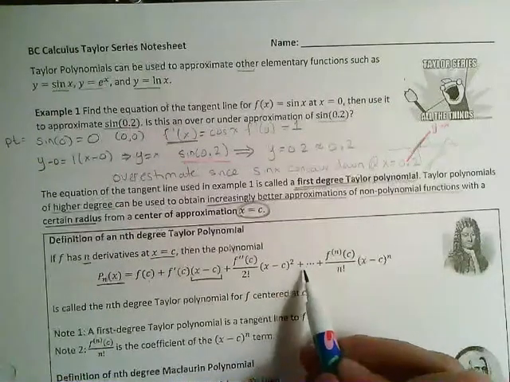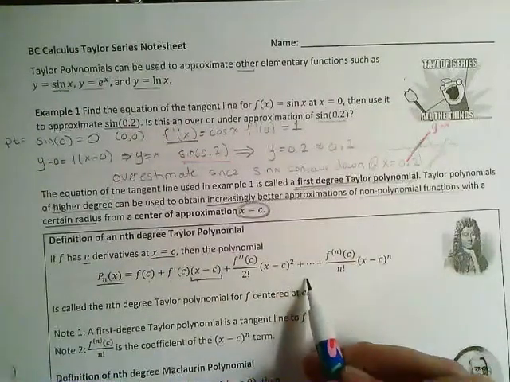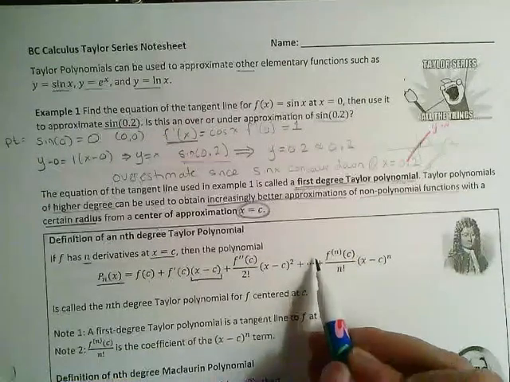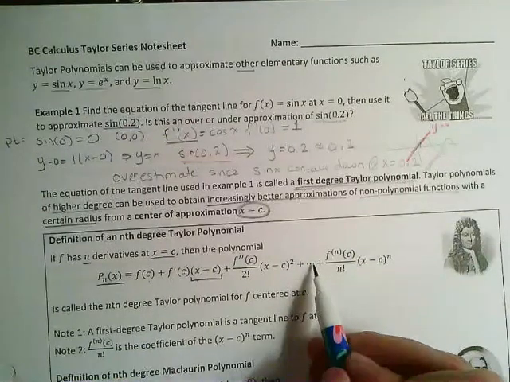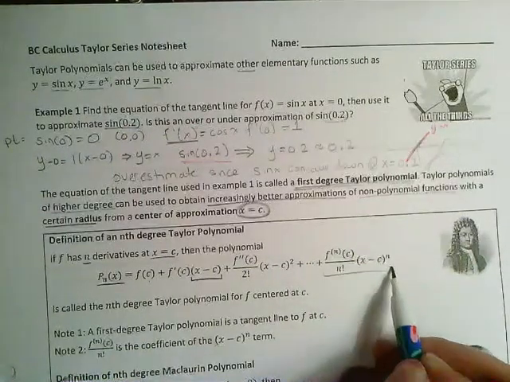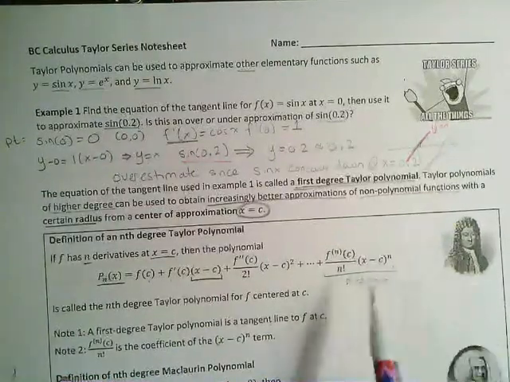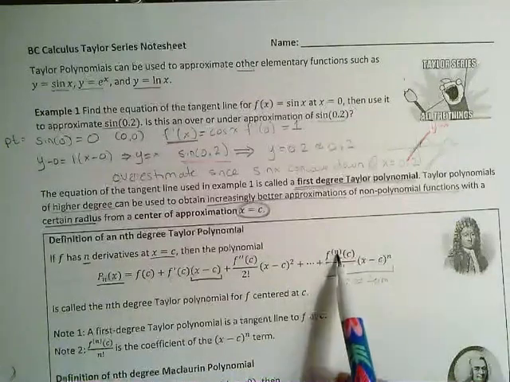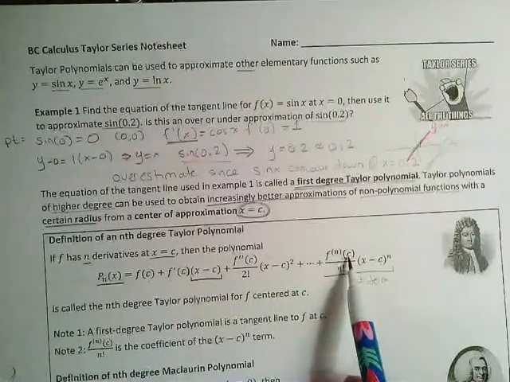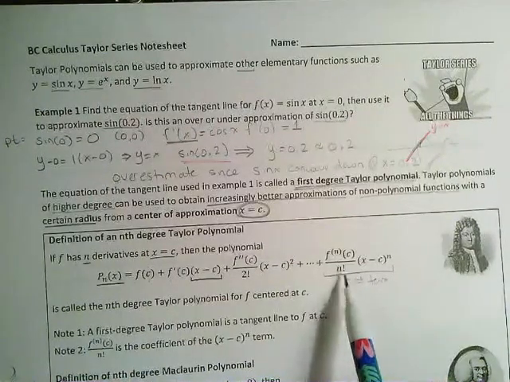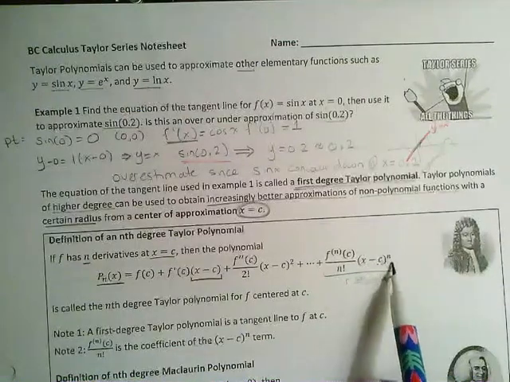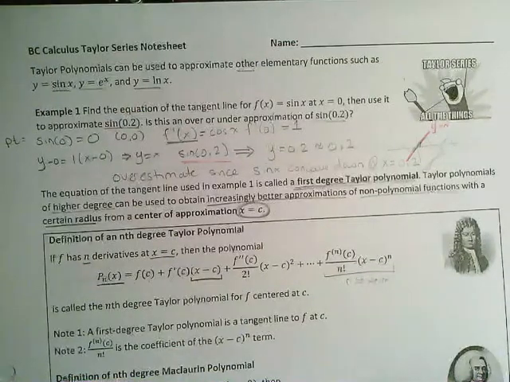And on and on. The third derivative would be over 3 factorial times x minus c cubed, and on until we get to the nth term. So our nth term is going to be the nth derivative of f at c over n factorial times x minus c to the n.